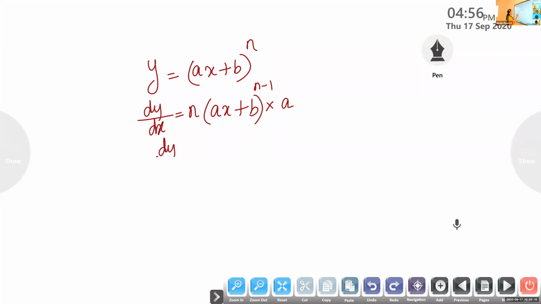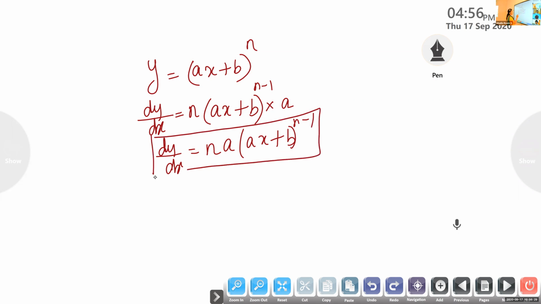So that is dy by dx is equal to n into a, bringing it to the front, into ax plus b whole raised to n minus 1.